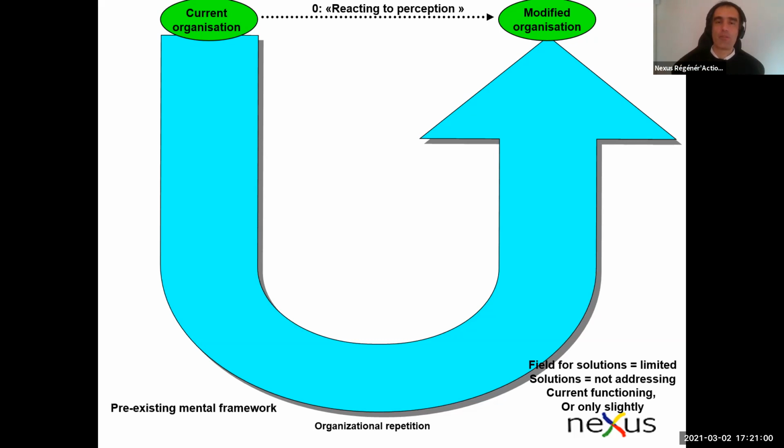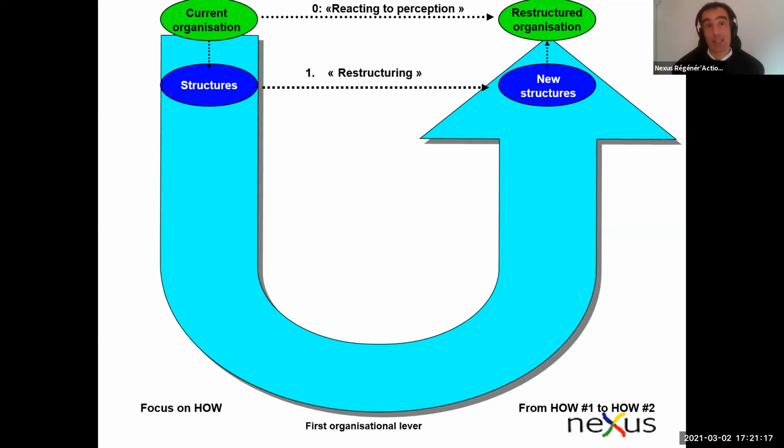But often we find that if this doesn't work, if the problem continues to happen, or it's not solved and it's coming back, then we're going to start looking at another level. And then we tend to say, well, it's a structures problem. So we're going to look at the structures.